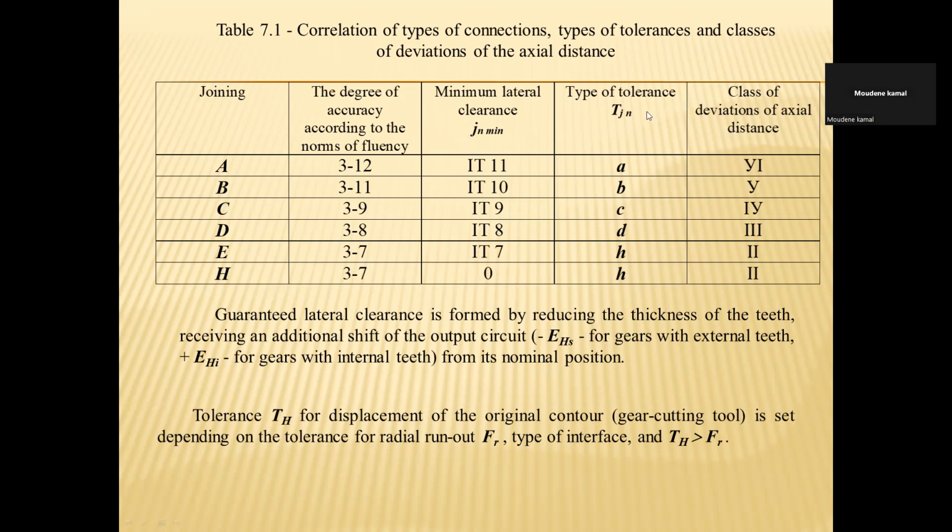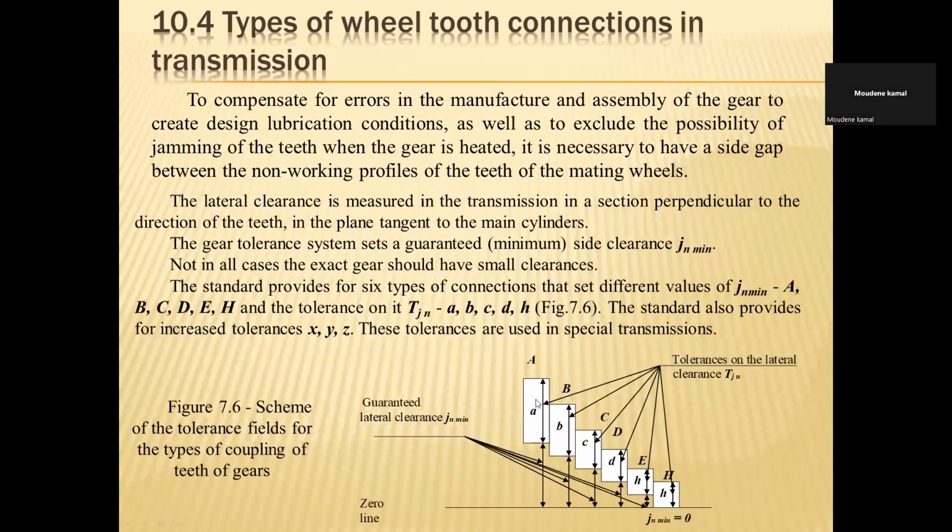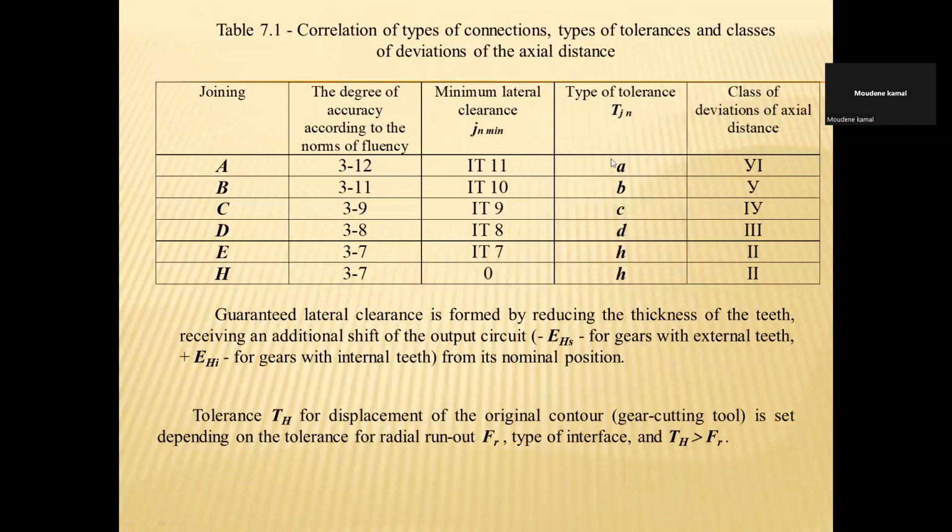Type of tolerance, you can see in this scheme. Type of tolerance, small letter: small a, small b, small c, small d, these are tolerance fields, and a is the largest tolerance field, h is the smallest tolerance field. So for A, it's small a, for joining B, it's small b, for C, small c, D, small d, for E, it's small h, and for H, it's small h2.